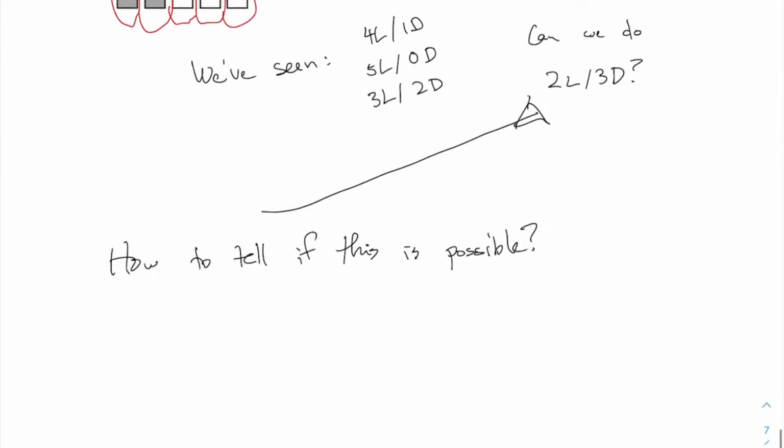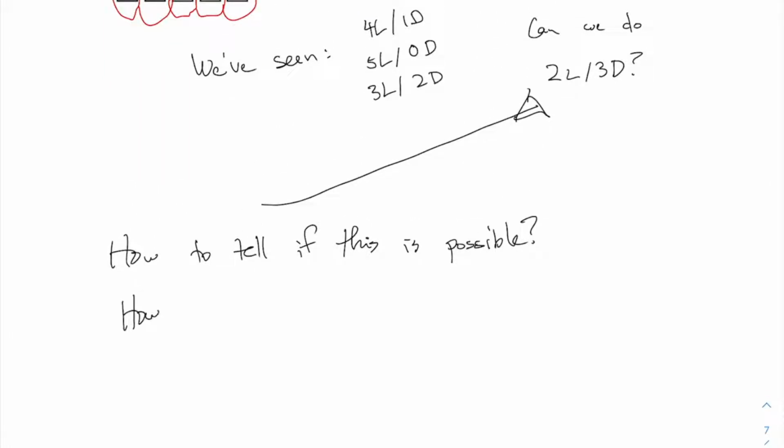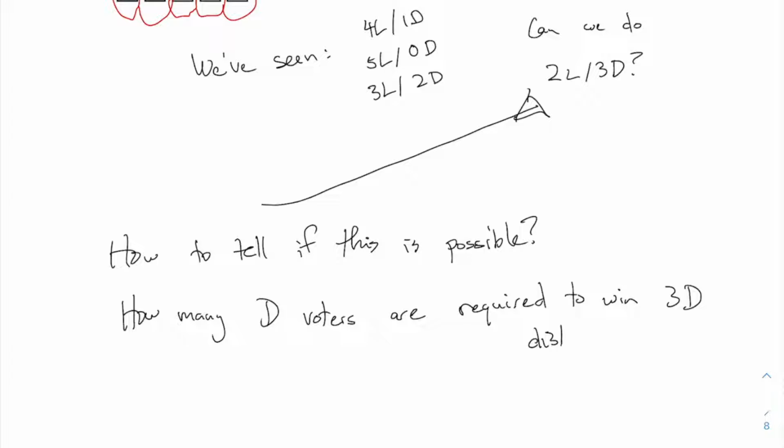Really what you need to think about is how many D voters, I'm thinking of the individual squares as voters, how many D voters are required to win 3 D districts? Are there even enough D's on the whole picture in order to win 3 districts? Can anyone say how many you need to win each individual district?